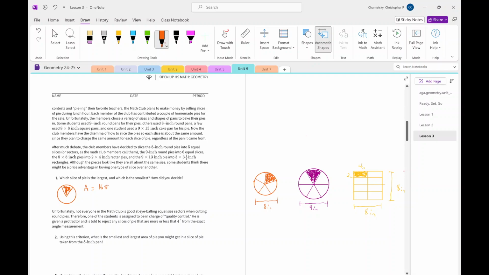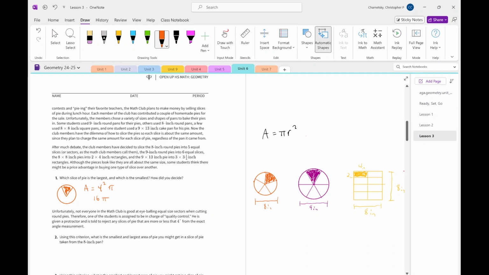So how did I get 16 pi? Well, area of any circle is equal to pi r squared. And the radius is going to be half of those diameters. So really I plugged in 4 squared times pi. So that's where we get our 16 pi.